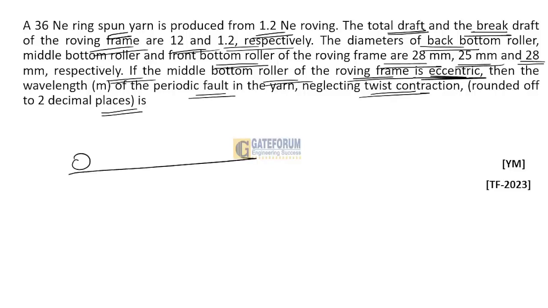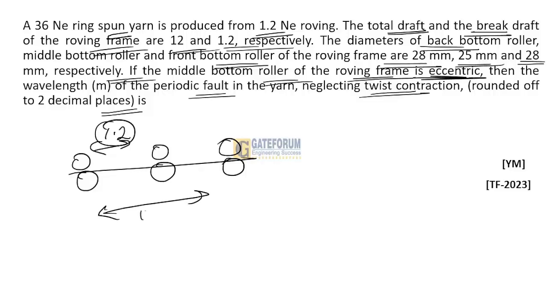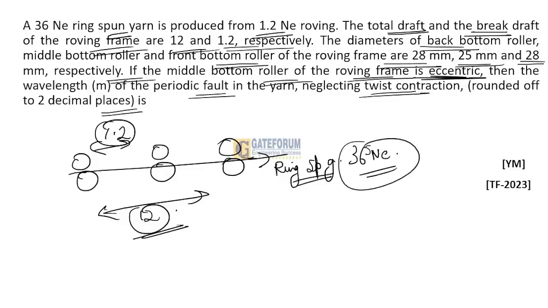So it is a 3 by 3 roller drafting system that is given. The break draft is 1.2, and the total draft is given as 12. In ring spinning, the final yarn that is formed is 36 Ne count, and these are eccentric rollers.